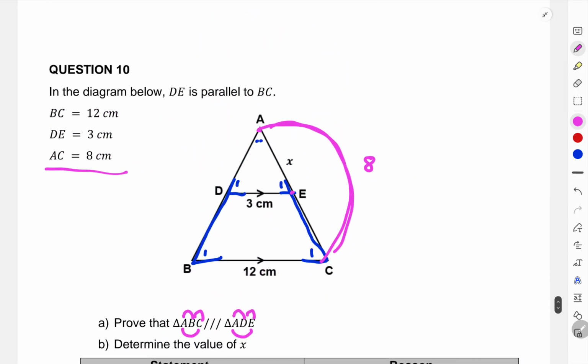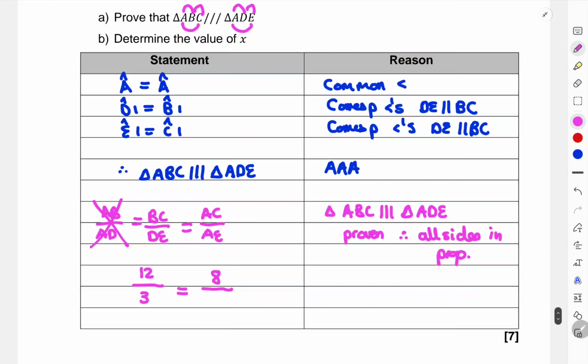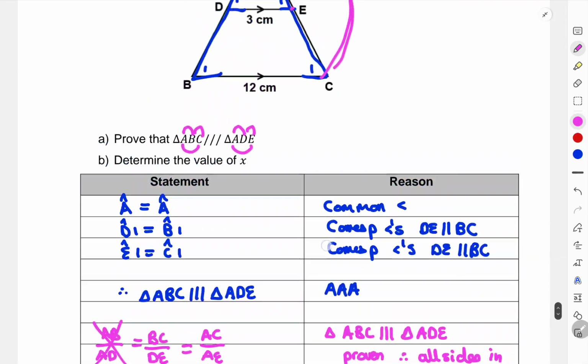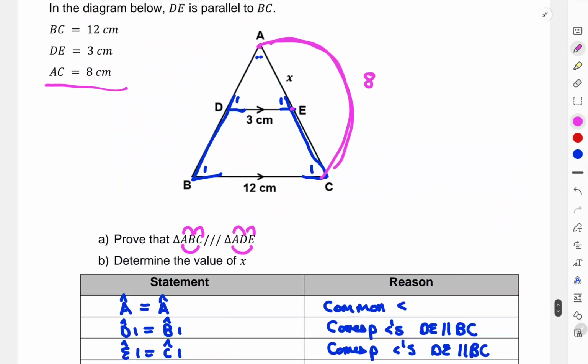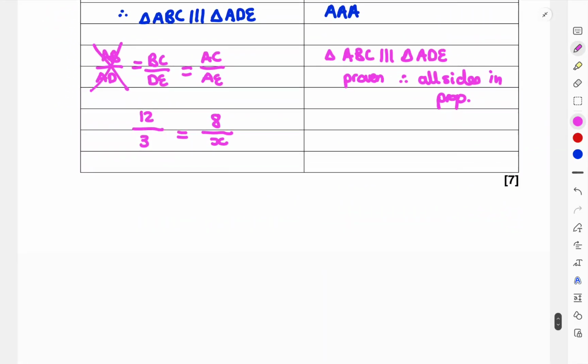And AE is equal to x. Okay, I just want to make double sure. AC is 8 over AE, which is x. Okay, and then we can just do our cross multiplication. 12x is equal to 24. Thus, x is equal to 2.